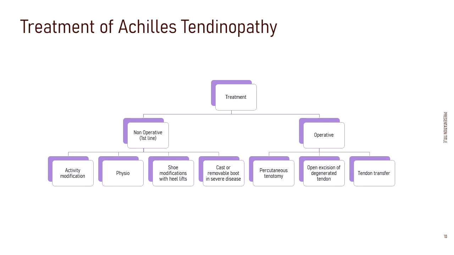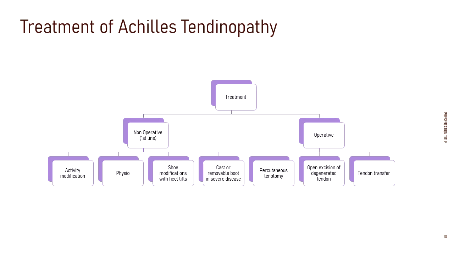The worst case situation is if you have a degeneration of more than 50% of the Achilles tendon, and often in patients who are more than 55 years. Here, the tendons that we use for transferring are either the flexor hallucis longus, the flexor digitorum longus, or the peroneal brevis tendon.